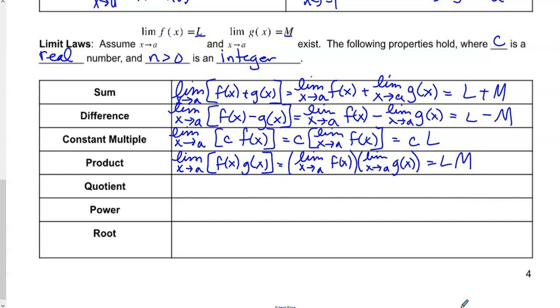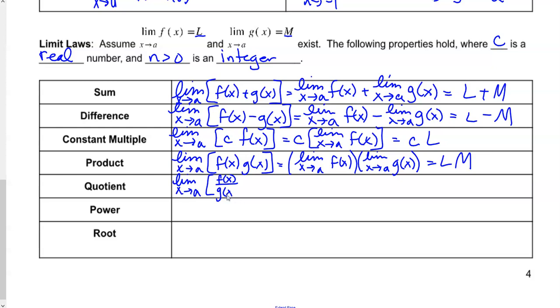Okay. The next one is a quotient. A quotient is the answer to a division problem, so we have f of x divided by g of x. And it is true that we can individually divide the limits.